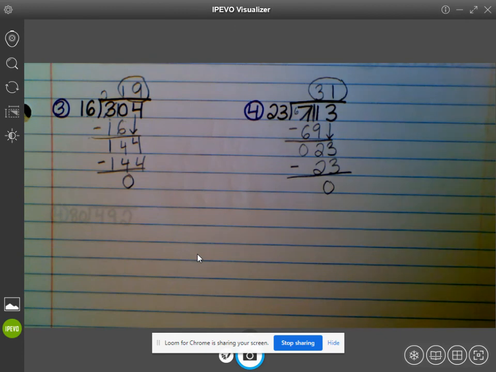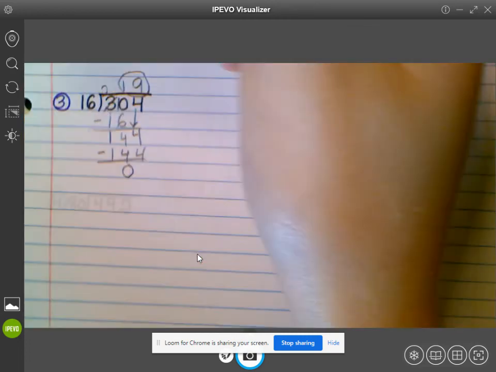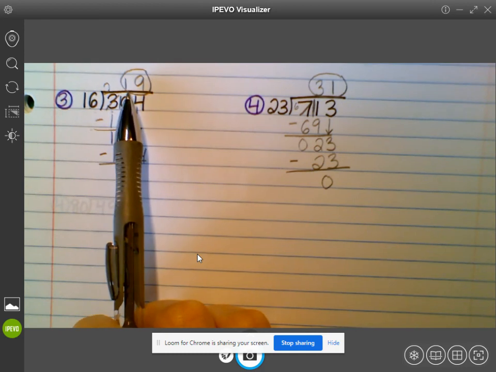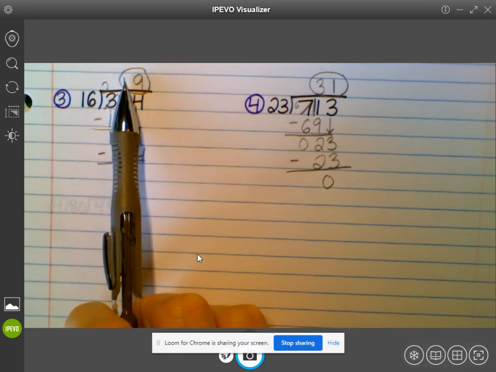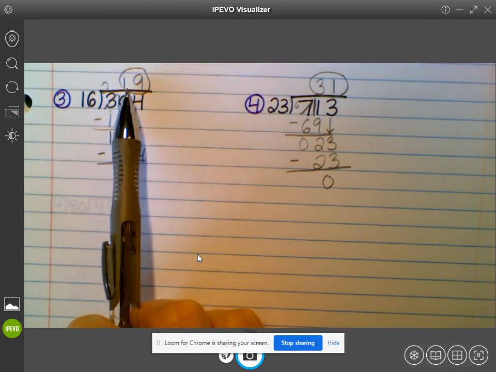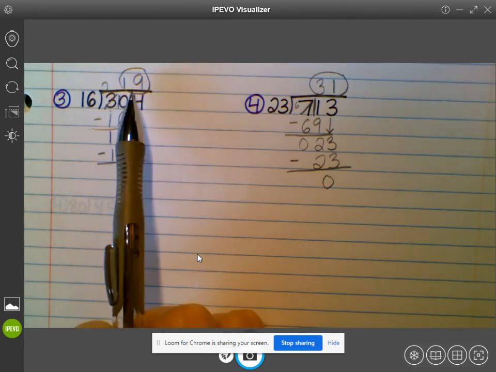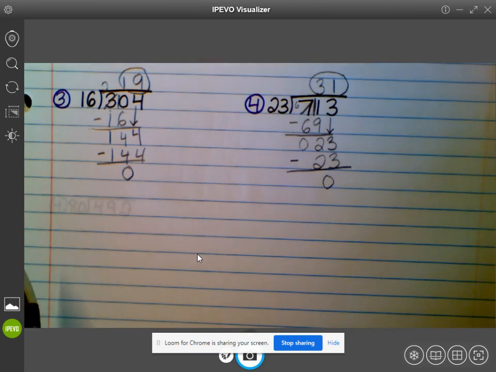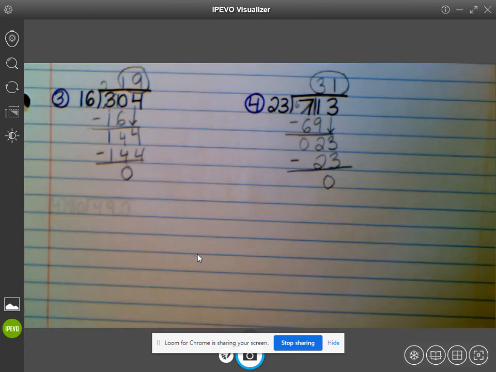Because remember, a quotient is the answer to a division problem. What would be the partial quotients along the way? Chanel, what do you think? Yeah, as we go up top, that one would have been part of our answer, our partial quotient. And then we get our final one. So for most of them, you only have two numbers, so you only have one partial quotient along the way. But yes, exactly.